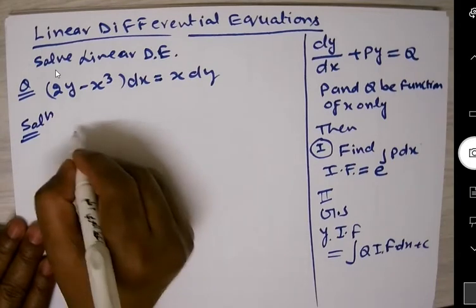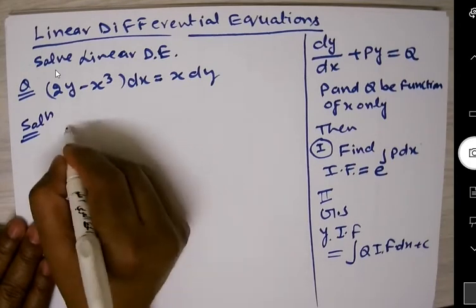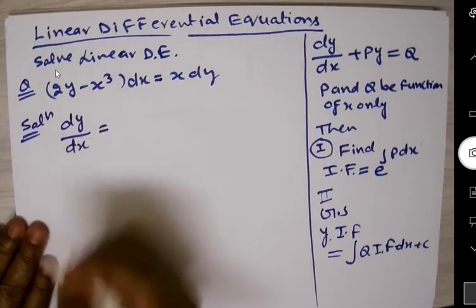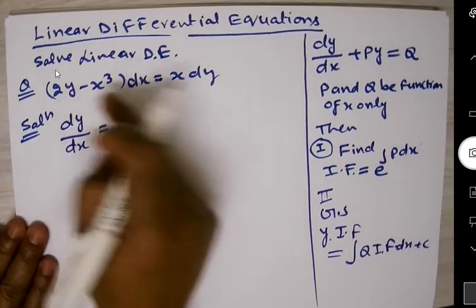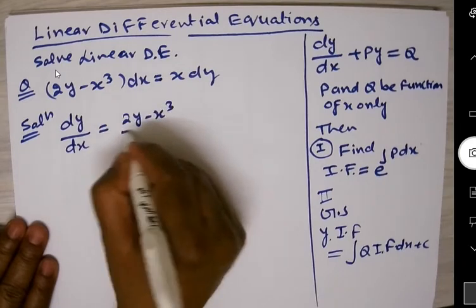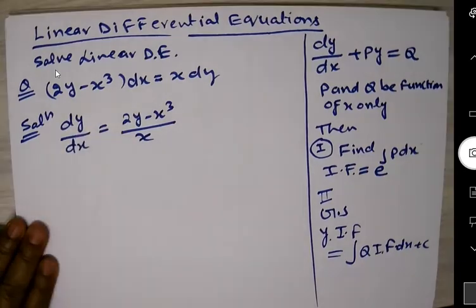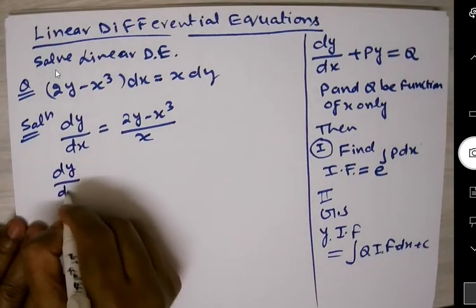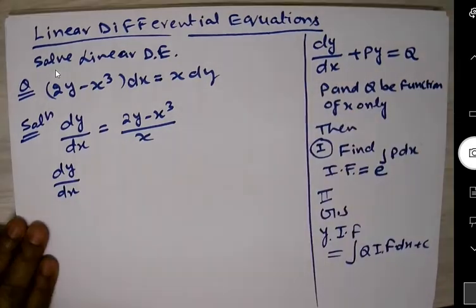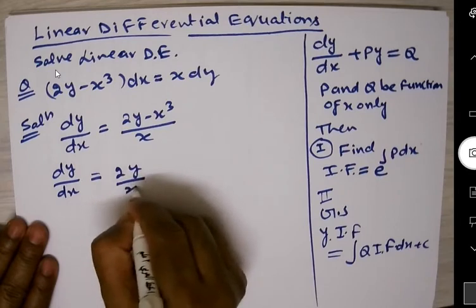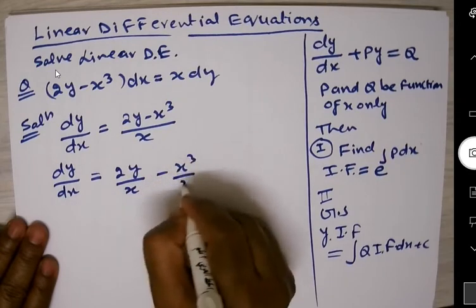So we can write this equation like dy/dx equal to, just opposite, (2y minus x cube) divided by x. Yes, we can write it like 2y divided by x minus x cube divided by x.